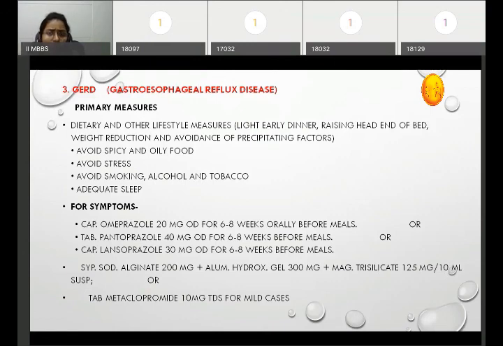So, firstly, you have to add proton pump inhibitors, H2 blockers, and some ulcer protectives, and the prokinetic drugs. So, prokinetic here is metoclopramide. This metoclopramide acts on the lower esophageal area, and its prokinetic action is believed to be its action on 5-HT4 receptors that are present here.